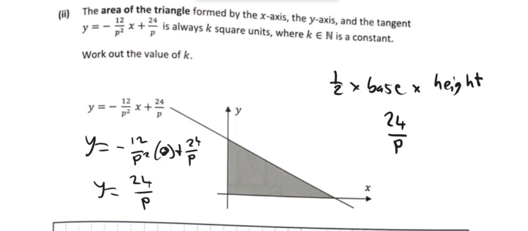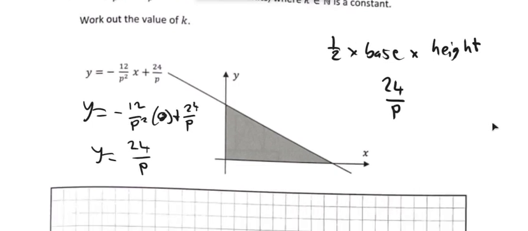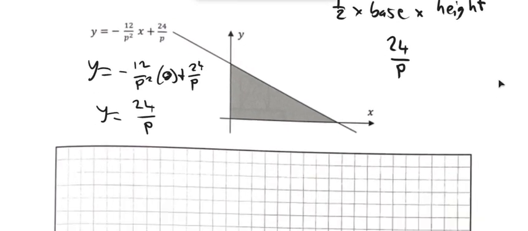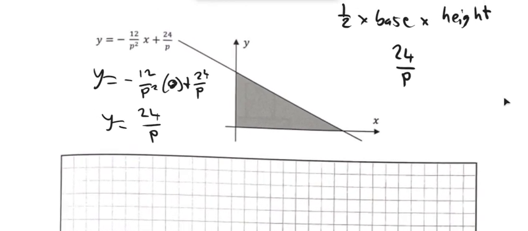The base then will be a little bit harder, not much, same thing we're doing, but now we're subbing in y equals 0, because everywhere on the x-axis y is 0. So we get 0 is equal to minus 12 over p squared plus 24 over p.